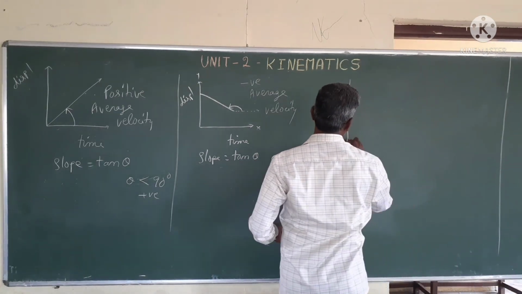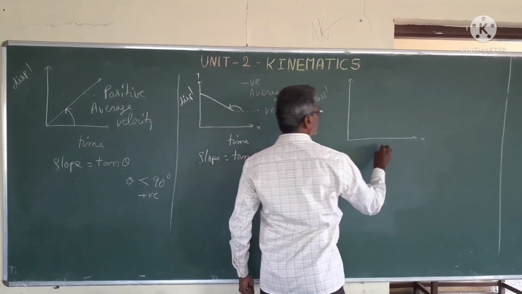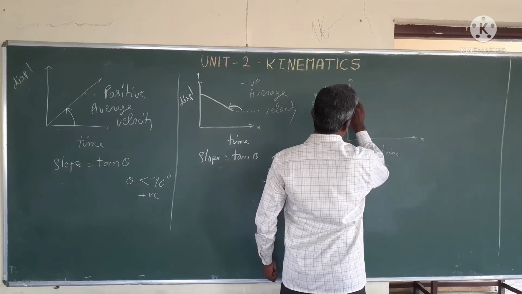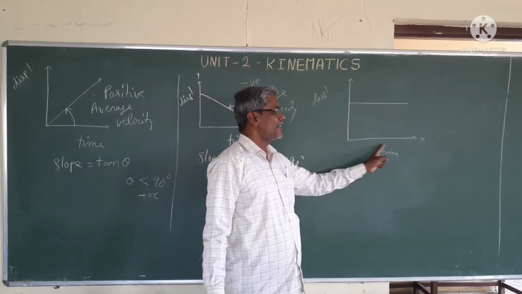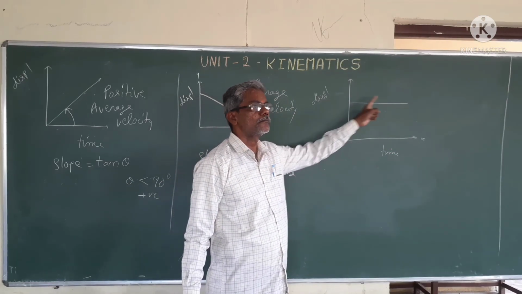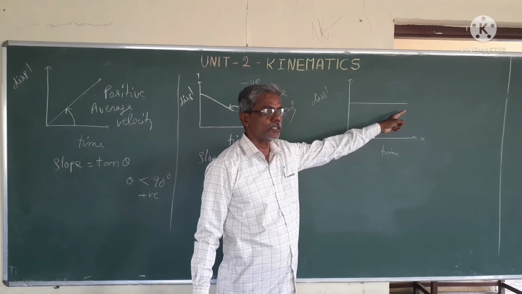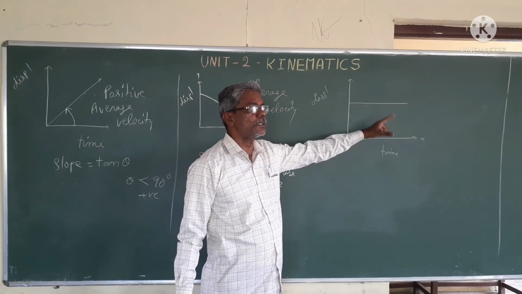Suppose I take this graph, displacement versus time, and my graph is like this. In this, as time changes, the displacement is constant. There is no change in the displacement. That means the object is at rest.